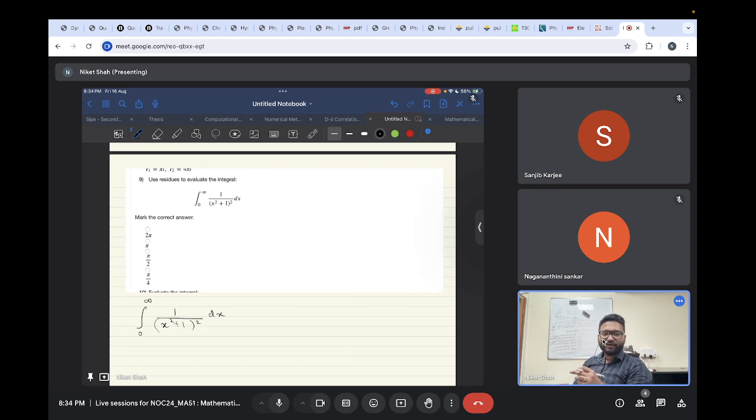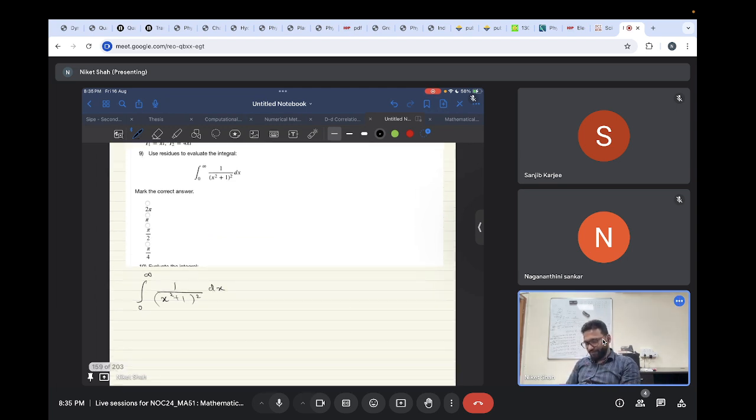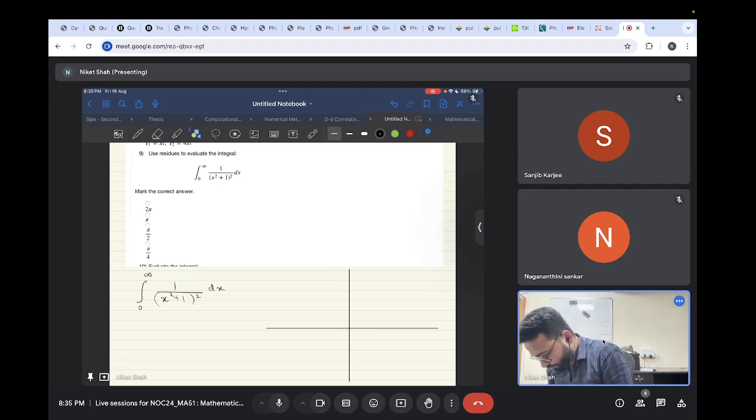So generally, we know that it's very easy to evaluate any integral when it's in the complex plane and in the form of a loop. So what we do here is, suppose this is my real axis, this is my imaginary axis. I'll take a loop like this.